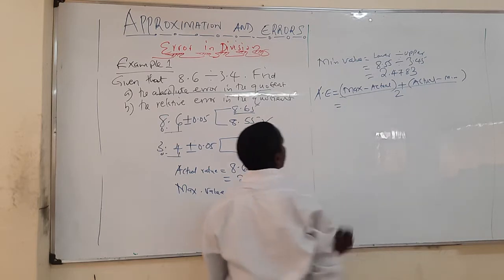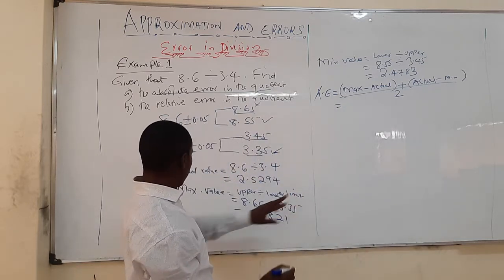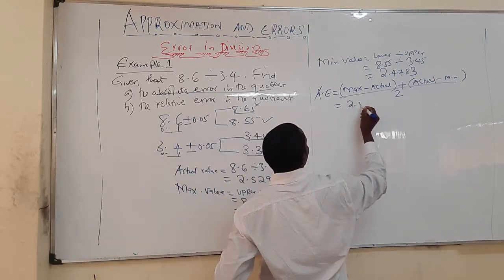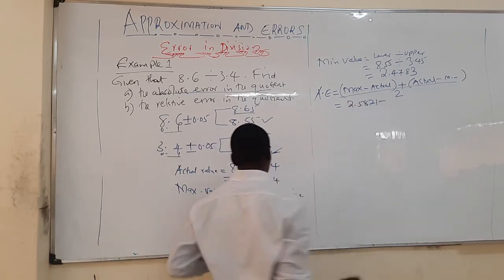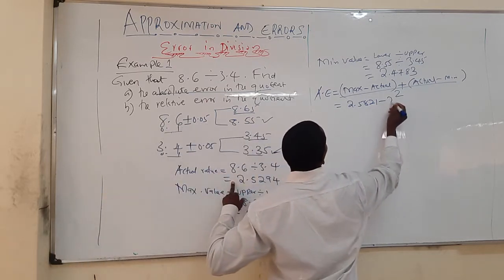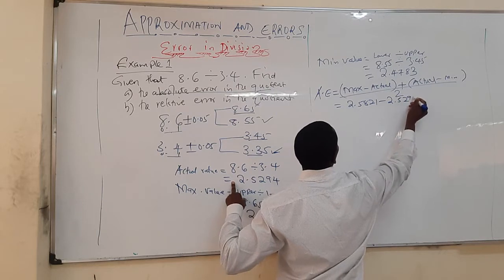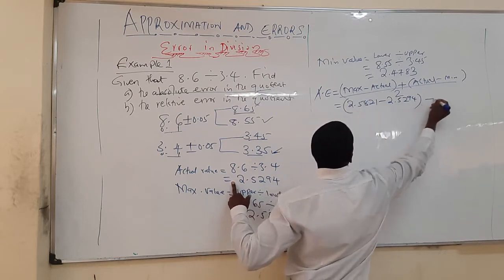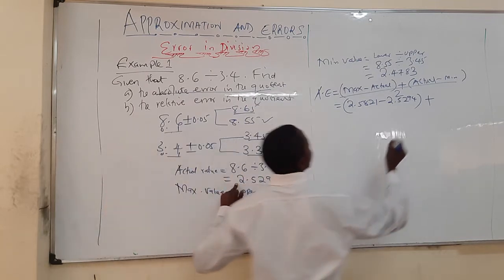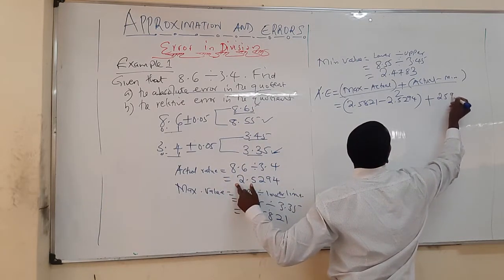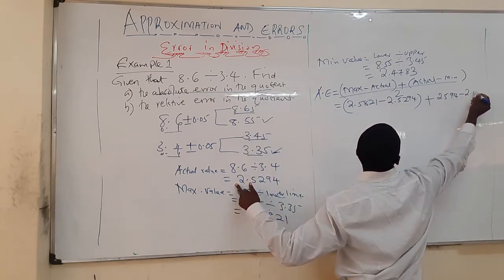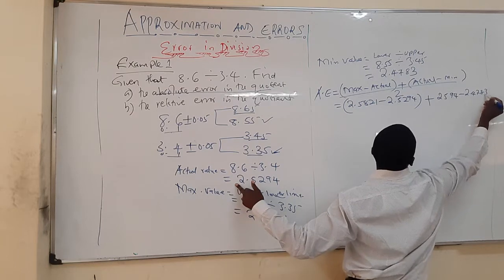The maximum value here is 2.5821 minus the actual, which is 2.5294. We add the actual, that is 2.5294, minus the minimum value 2.4783.